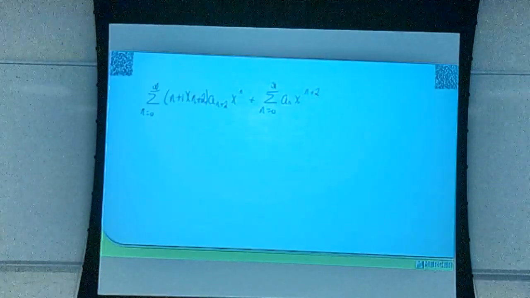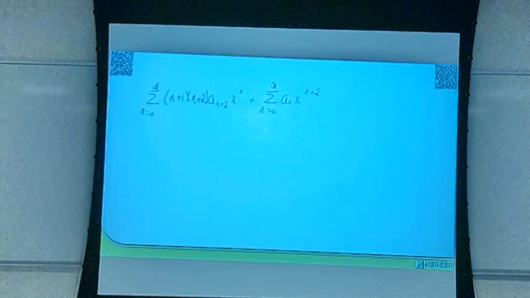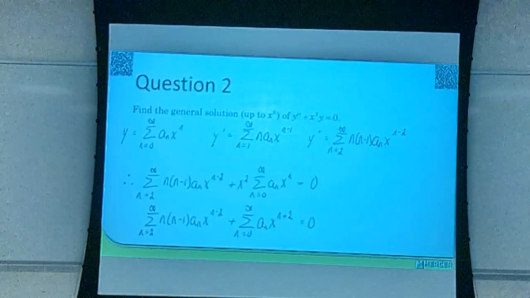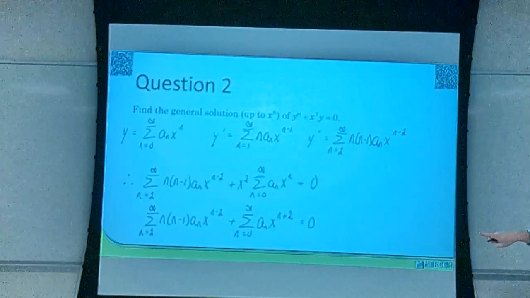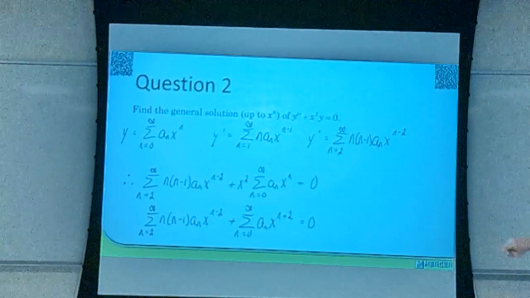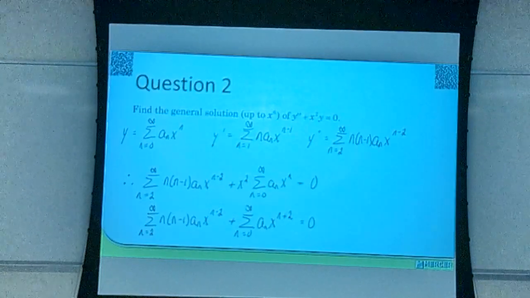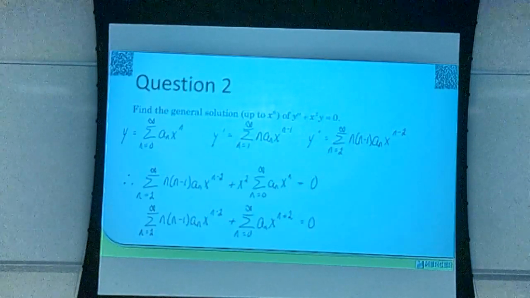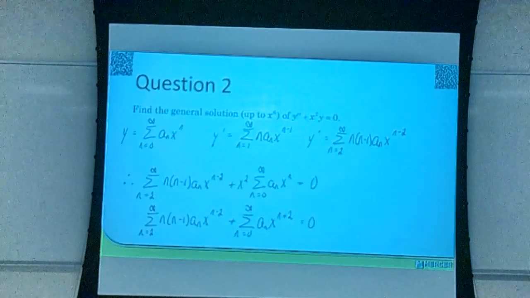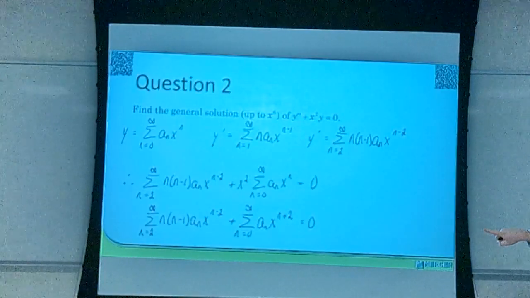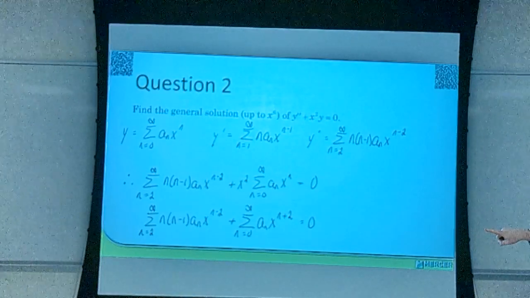I need to, okay, so that may not be what I wanted to do. So I'm going to need to shift that up 2 units, right? Which would then start me at n equals 2. So I think what I'm going to want to do is take out the first 2 terms of that first series.